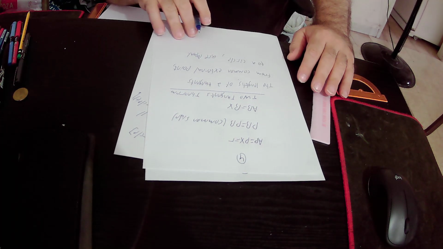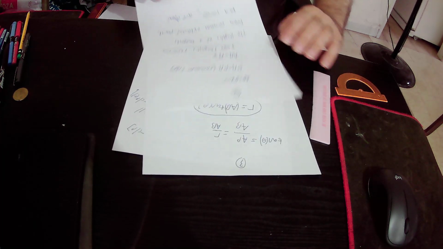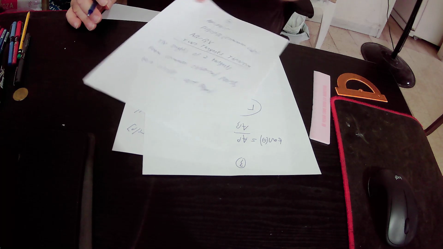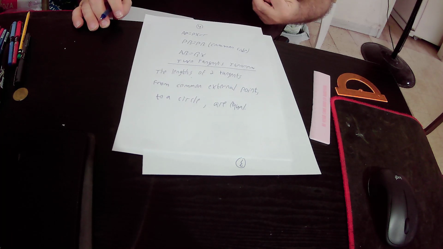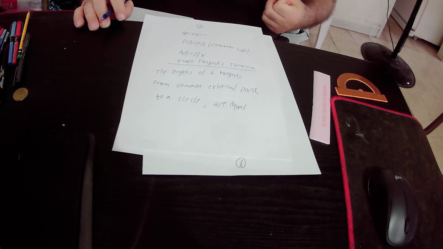So I will read the two tangents theorem again. The two tangents theorem states that the lengths of two tangents from a common external point to a circle are equal.